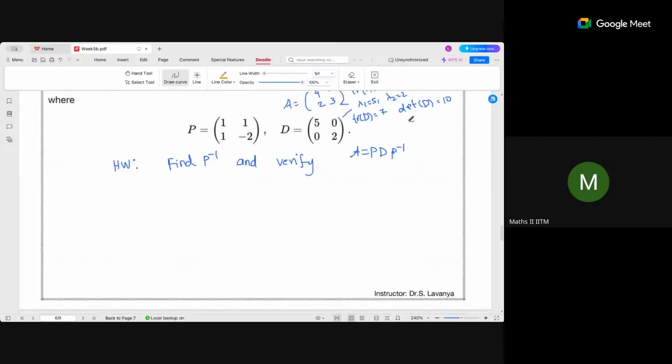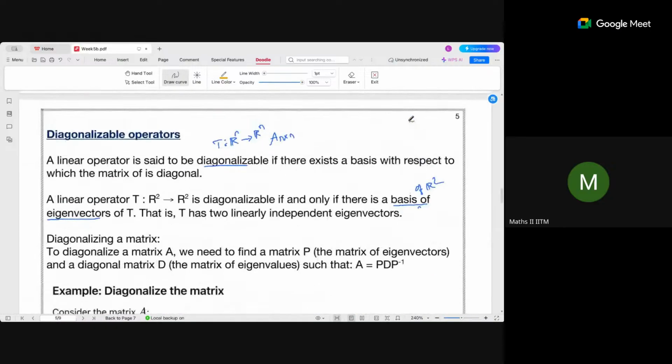So another important thing for diagonalizability here is that, let me write it in red. Algebraic multiplicity of lambda i equal to geometric multiplicity of lambda i for all i, if and only if A is diagonalizable.